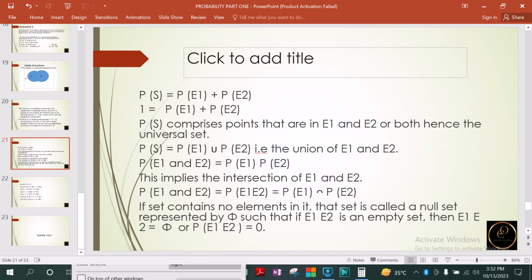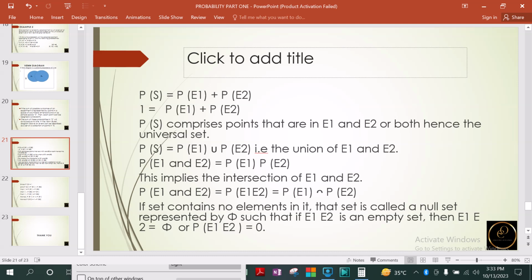So probability sample space is made up of all the events 1 and the events 2, or you can simply say both, hence the universal set. Okay, so probability sample space is probability event 1 union probability event 2. So the union set of these events, if these are the two events, that will give you probability 1.